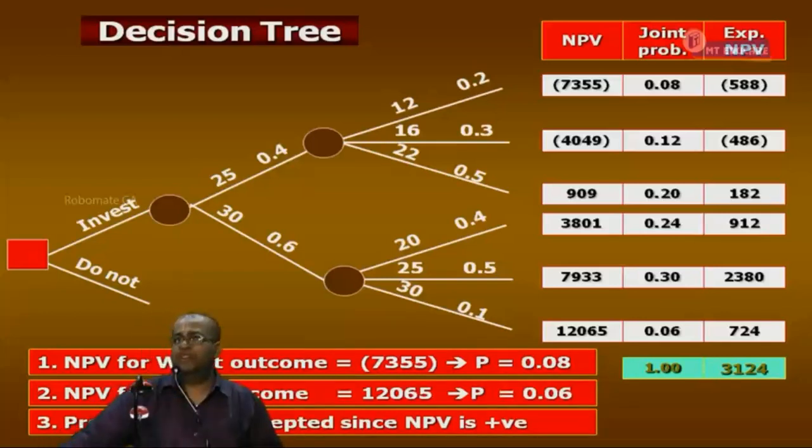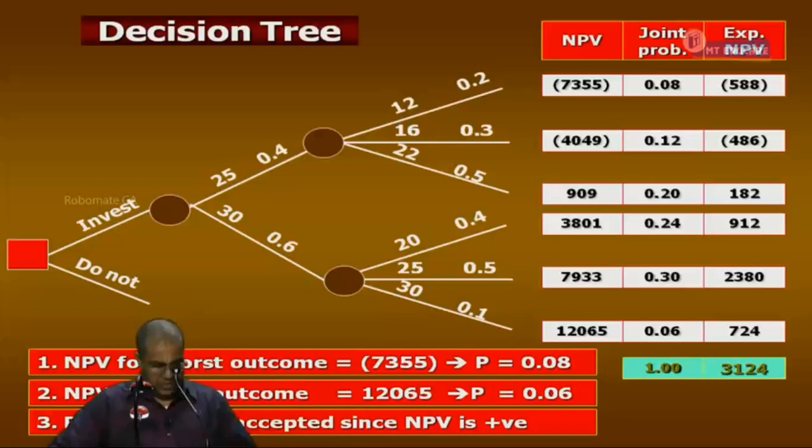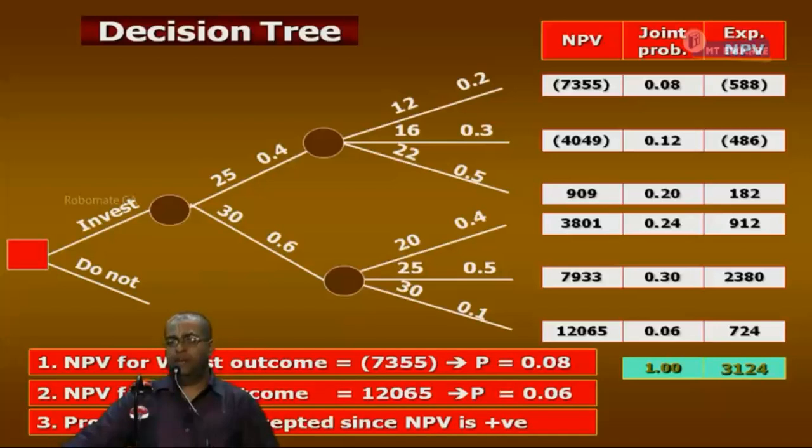That is, first year cash flow should be 25,000 and, underline the word and, second year cash flow should be 12,000.